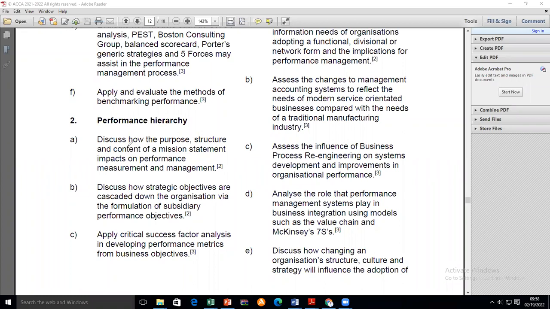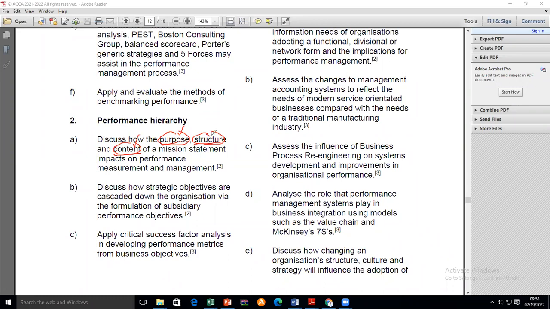Now, the examiner says, in terms of mission statement, you must discuss the purpose, the structure, and the content. These 3 items. In our exam, we have seen that you need to understand the structure of your mission statement and also the contents, because you have to comment on this.